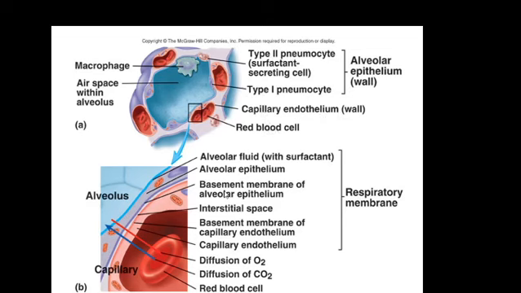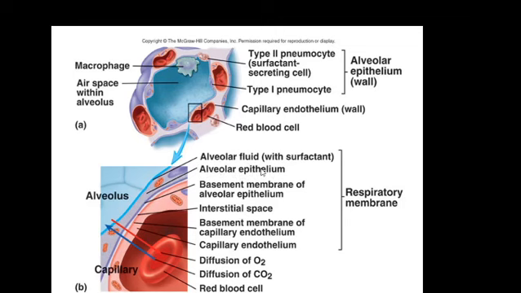So what are the barriers? When air is in the alveolus, it has to cross into the capillaries. So it passes through the barriers. The first barrier is the alveolar fluid with surfactants. Then it passes through the alveolar epithelium.